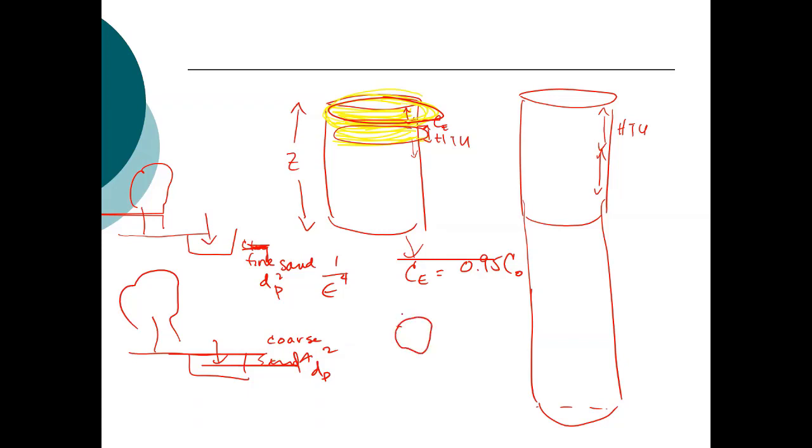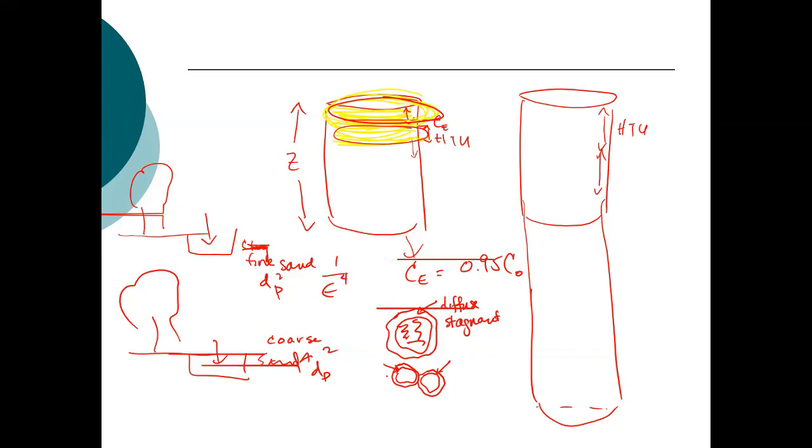Here's your grain size. You've got a stagnant layer here, and your pollutants have to diffuse through that stagnant layer. So this is the particle. If we make it the same mass, but we make it smaller, we have more surface area for diffusion.